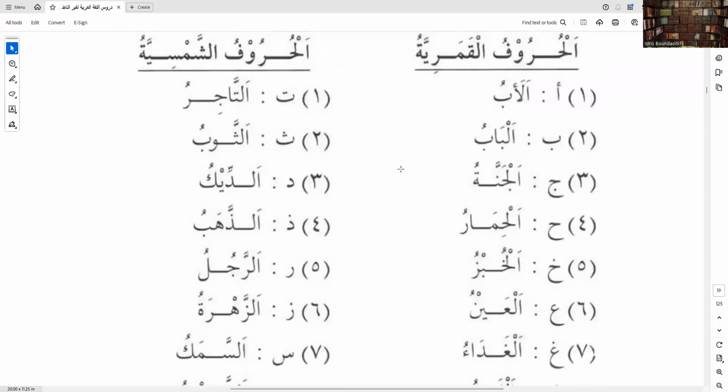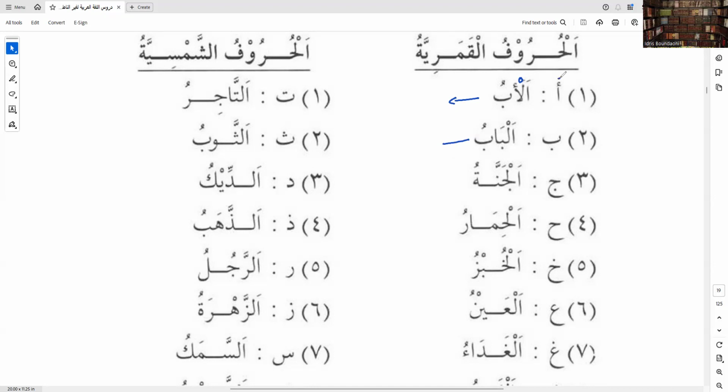Just be aware that sometimes you have to say al-abu, right? Al-abu means the dad or the father. Al-babu, the door. Jim.